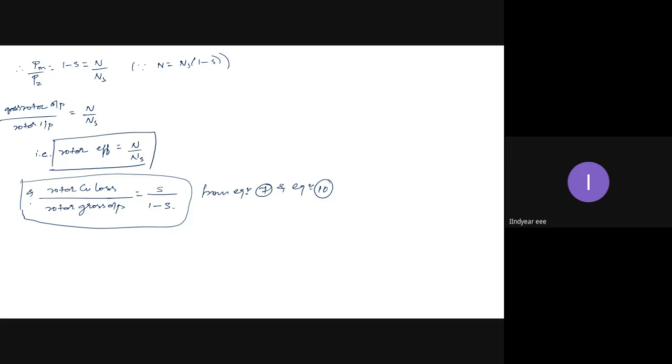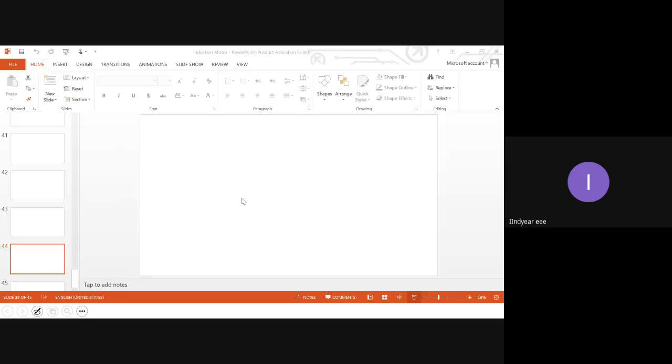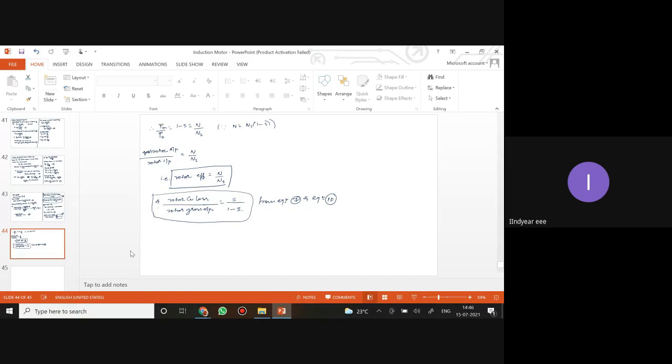In the next class, we will start with the phasor diagram of induction motor. There is a small assignment for you. Before coming to tomorrow's class, please go through the phasor diagram of transformer on load condition. It is your duty. Tomorrow I will not explain the transformer phasor diagram.